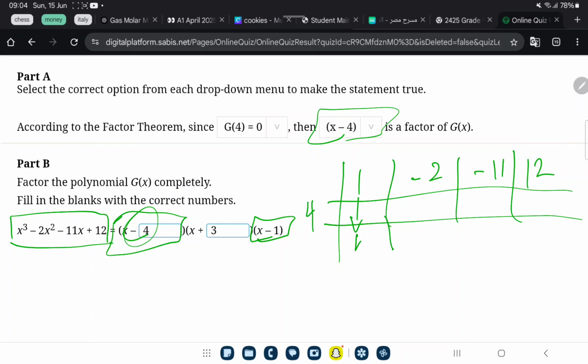So 4 added to minus 2 is 2, 8 added to minus 11 is minus 3, and minus 12 added to 12, so the remainder is 0 and your equation is x squared minus 2x minus 3. Factor it, use your calculator or you factor it. They already gave you one of the factors, x minus 1. So put it on your calculator. I'm just going to put it on the calculator.